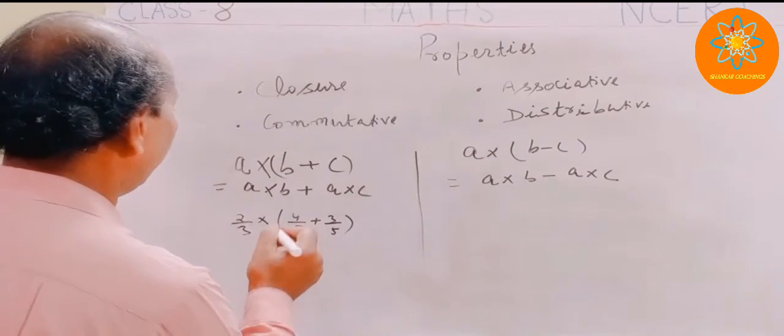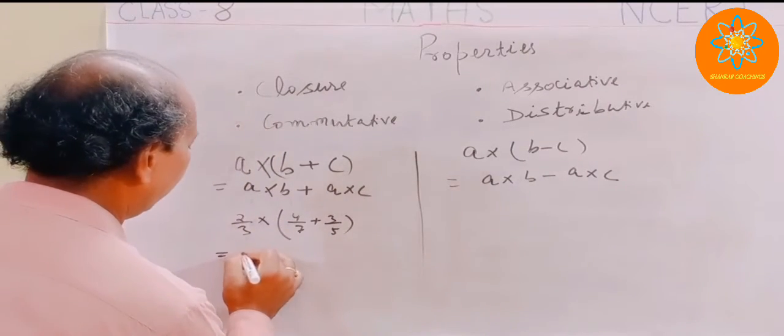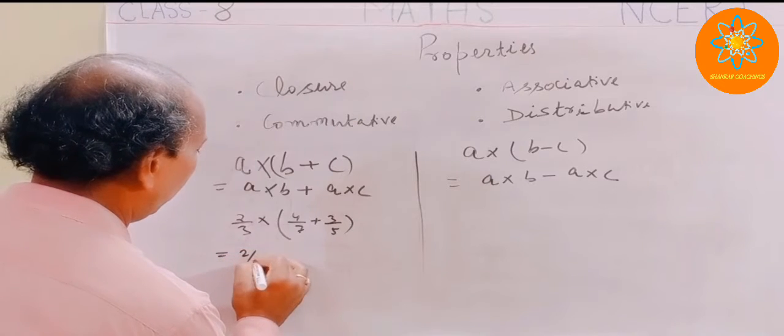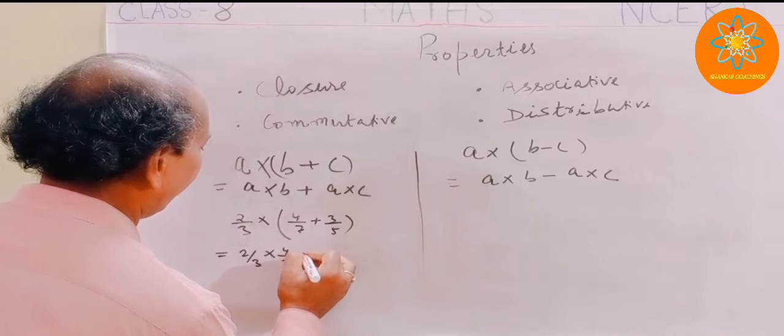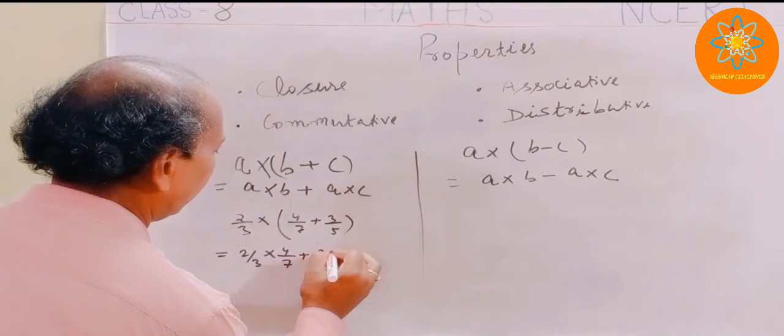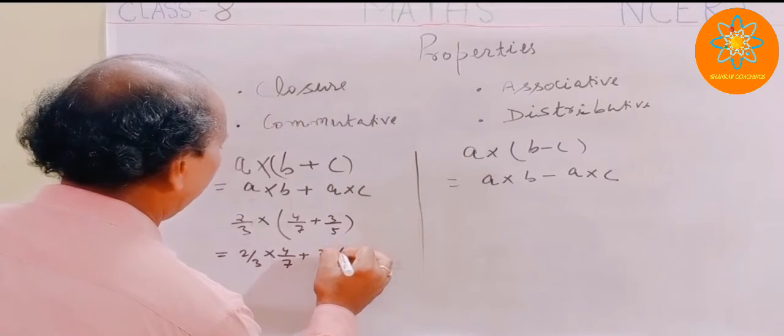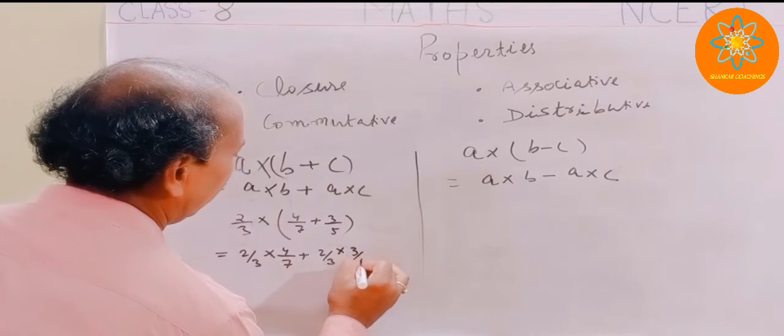If I solve it, I will get the value in this way: 2/3 into 4/7 plus 2/3 into 3/5.